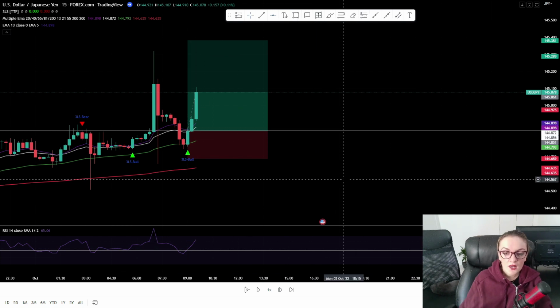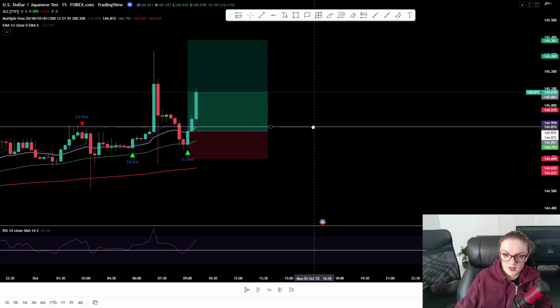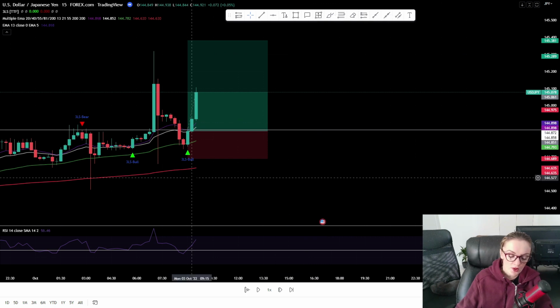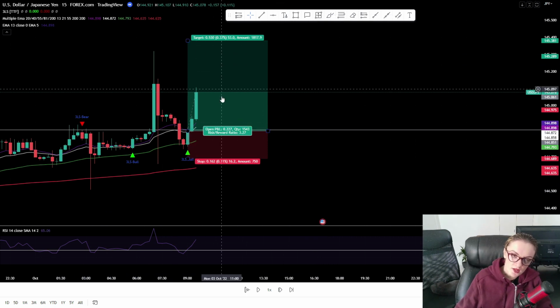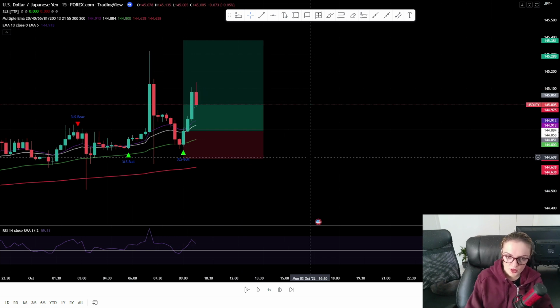I am trailing my positions using the 21 EMA, but never setting the stop loss exactly on the 21 EMA, because especially USD/JPY tends to make deep retracements into the 21 EMA, and after that it continues its trend. So I am never going to be really tight with the stop losses on USD/JPY especially.